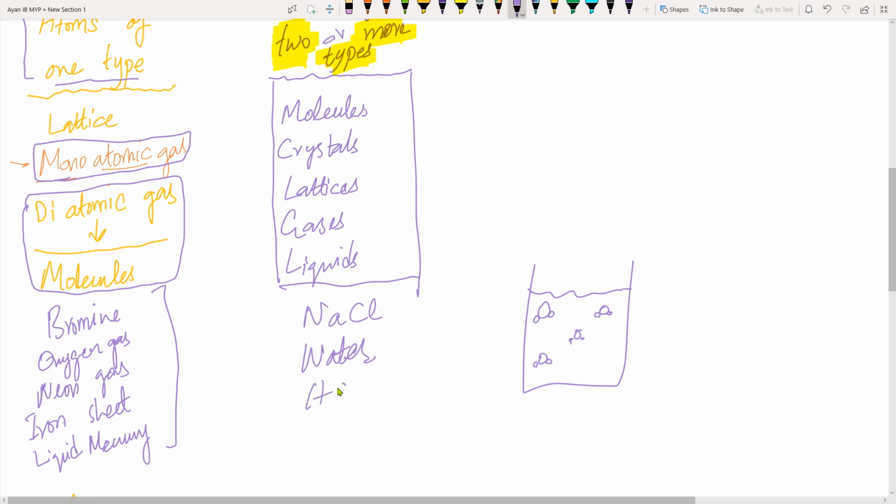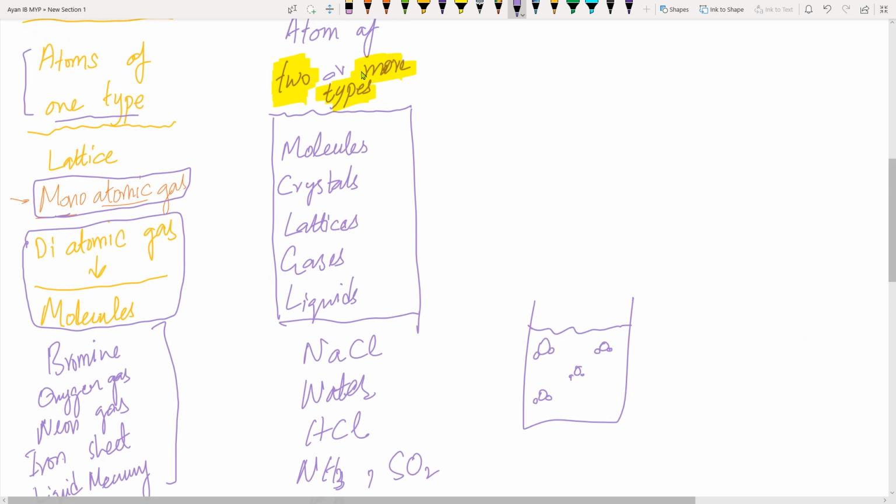We've got HCl, which is an acid, and then you have other gases: ammonia, which is kind of a gas, a low melting liquid, you can say, and you have sulfur dioxide, carbon dioxide. So these are gases. Now oxygen gas, the one that we breathe, is elemental because it only has one type of atom; one oxygen is combined to another oxygen. In this case, there are two different types, one carbon, one oxygen. That is going to be a compound.